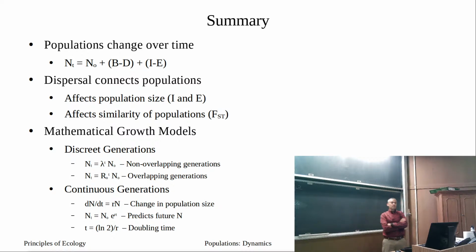You can have evolution taking a population down its own evolutionary path, but if you have a lot of dispersal bringing individuals to that population, you're going to slow down the selective process. In many cases, you're going to oppose the movement towards a better phenotype. So dispersal is important for these two reasons.